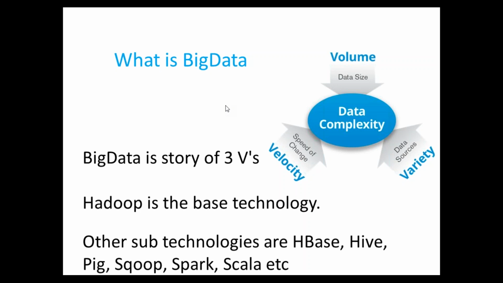And when we say big data, that means Hadoop plus its sub-technologies. Either I can say I'm working on Hadoop, HBase, Hive, Pig, Sqoop, etc. To make it more simple, I can simply say I'm working on big data technologies. So big data is something bigger than Hadoop because big data contains Hadoop plus all other sub-technologies as well. So that's the difference between Hadoop and big data.